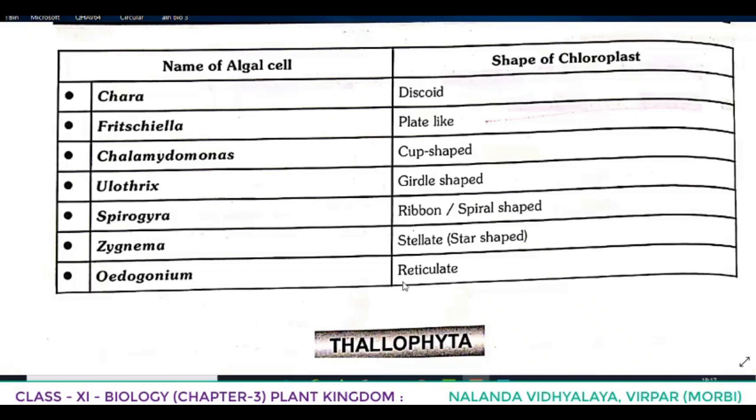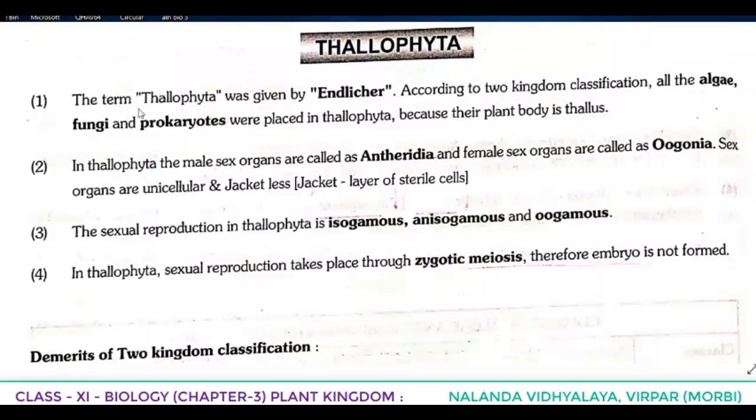Now coming to a topic we can call THALLOPHYTA.